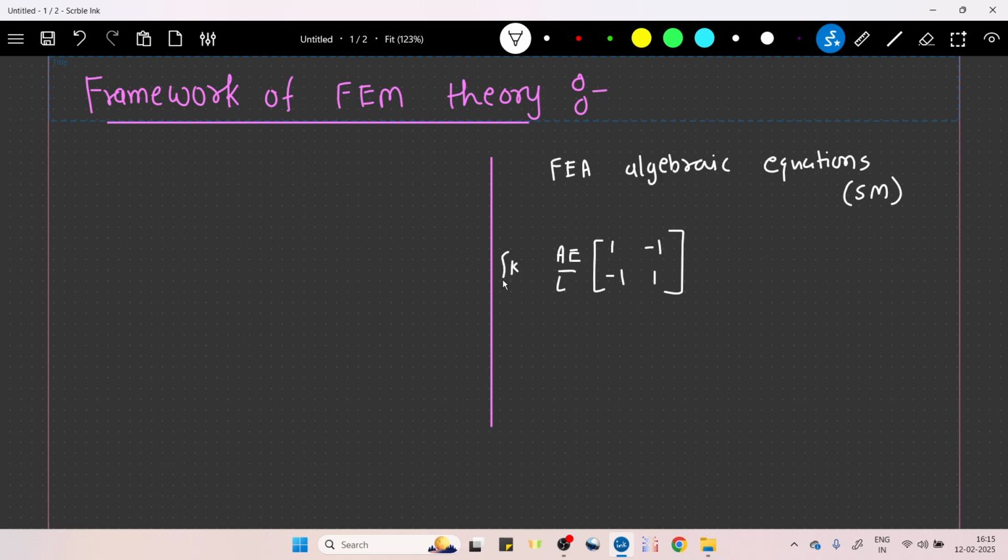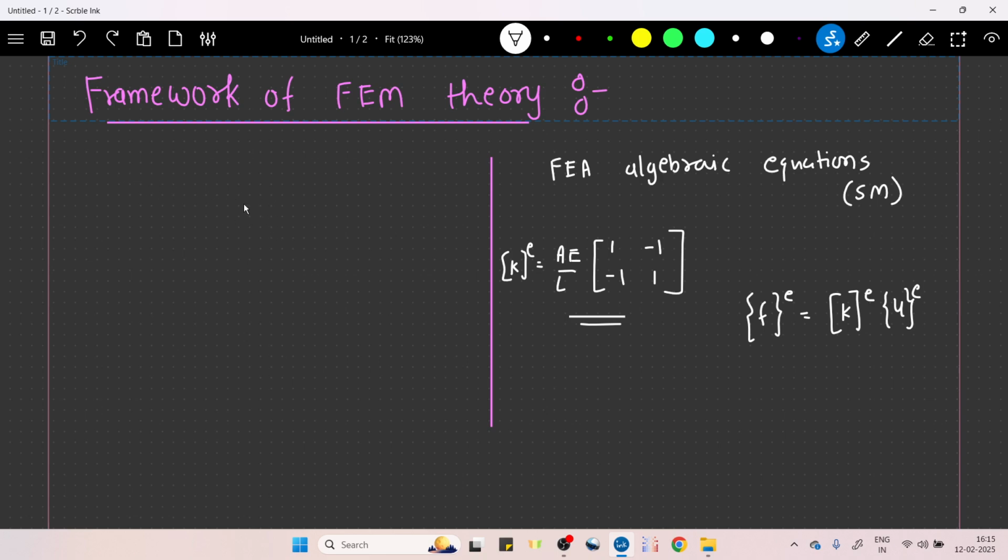This is the stiffness matrix for a 1D bar element, and these are algebraic equations. Force vector is equal to element stiffness matrix into displacement vector of element, and this we have said is subject to boundary conditions. This is a generic form. Okay, so this is what we have got.